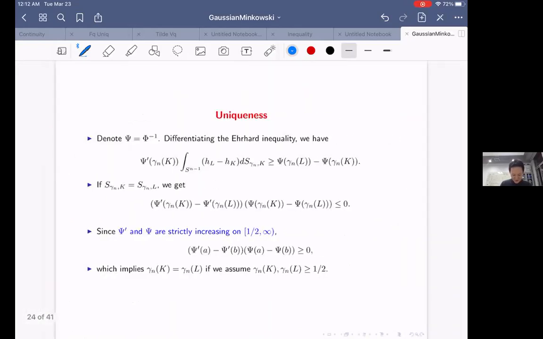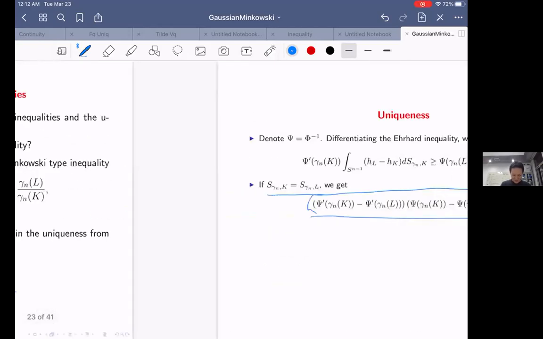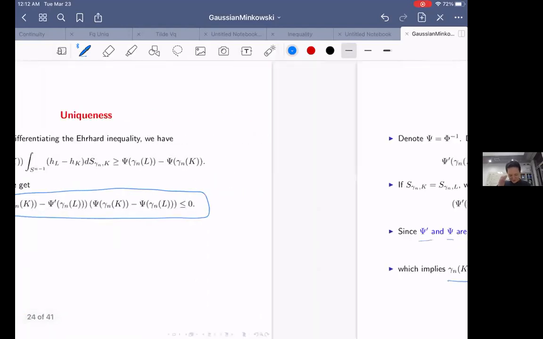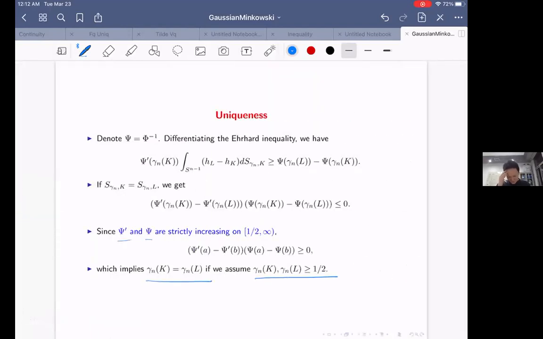After a careful examination, we find that psi prime and psi are strictly increasing if the variable is larger than 1 over 2. So in this setting, if we assume gamma n of K and gamma n of L are larger than 1 over 2, then gamma n of K equals gamma n of L if they have the same measure. And by this inequality, K must equal L. This is a partial uniqueness result.